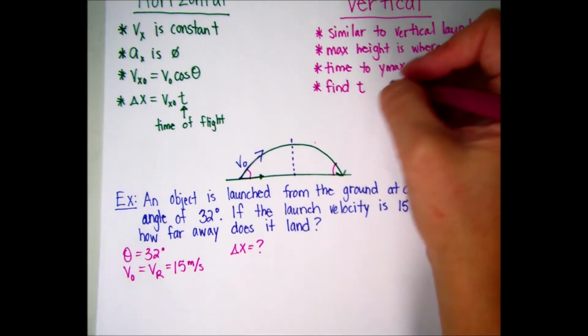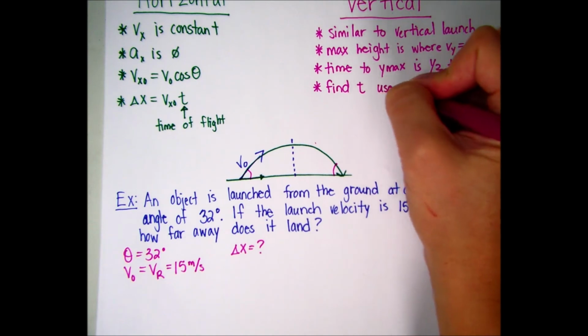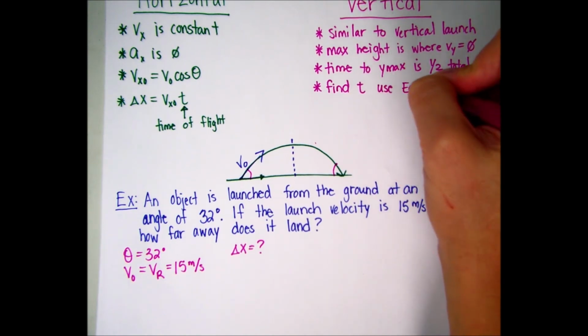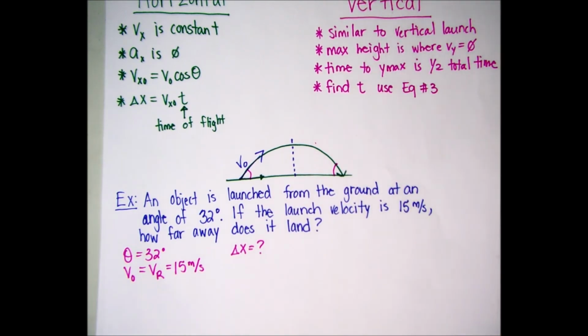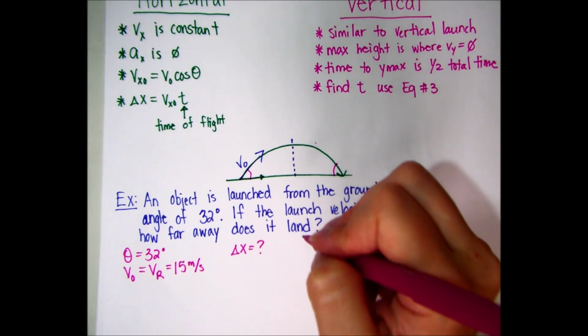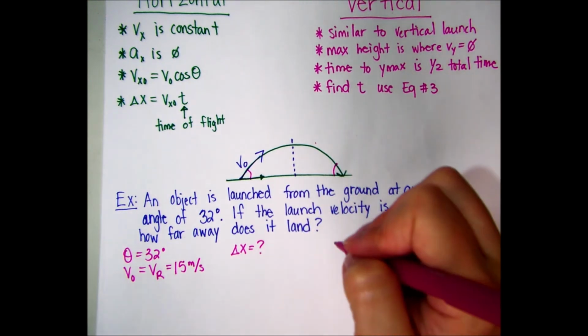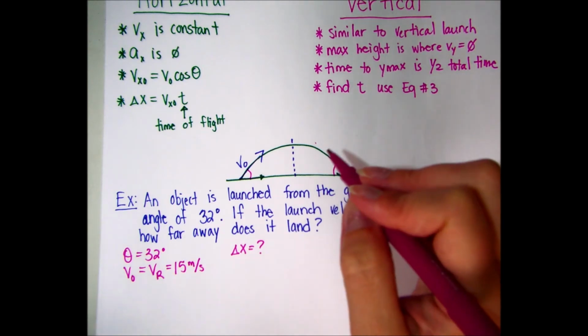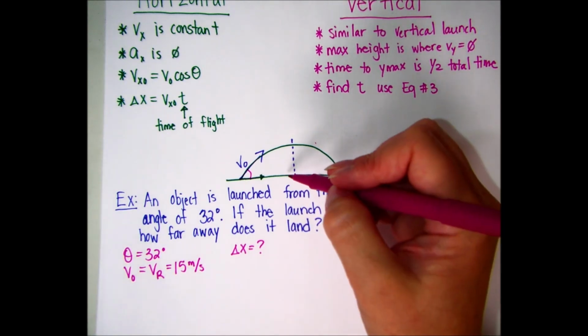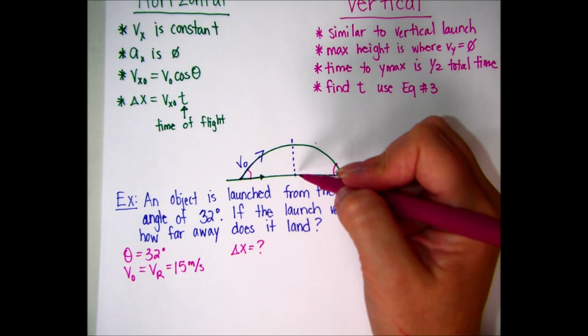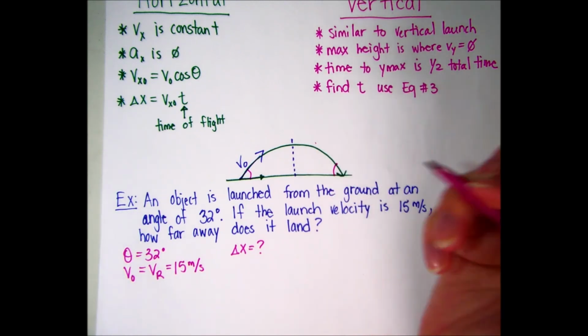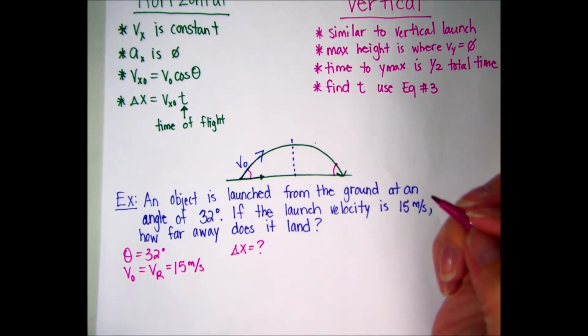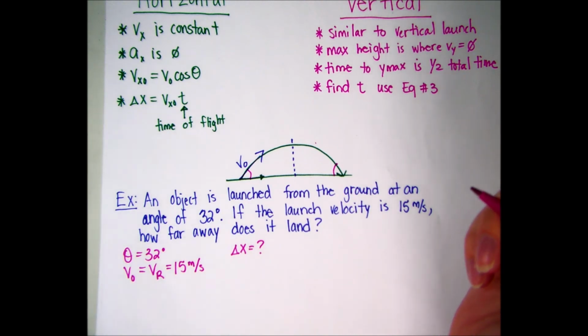But I'm going to use equation 3 because I know my properties of a vertical launch, that whatever I start with, I'm going to end with. So my Vy0 is going to be the same as my Vy. The speed that I launch with is going to be the same as that I land with. How do I find my initial velocities? That's the first question.